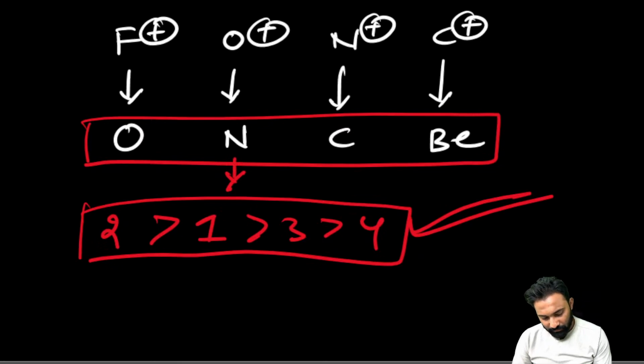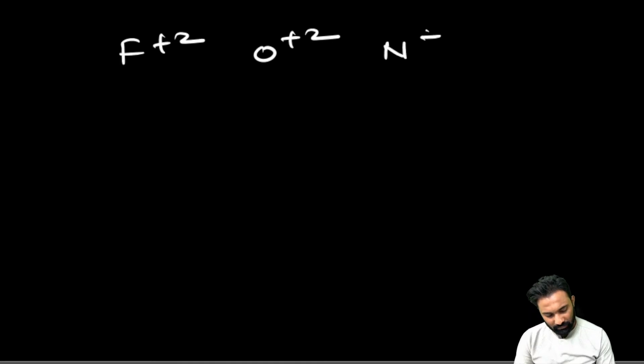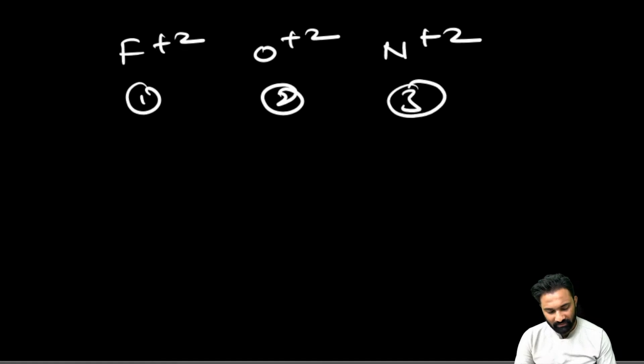Now, next one. The same thing for this one: F plus 2, O plus 2, N plus 2. Now say among 1, 2, 3, which has the higher order?